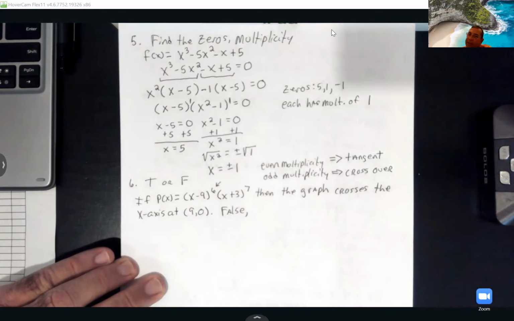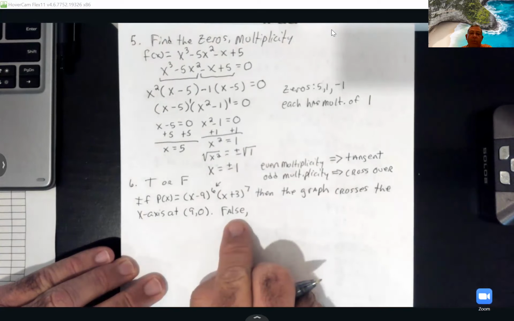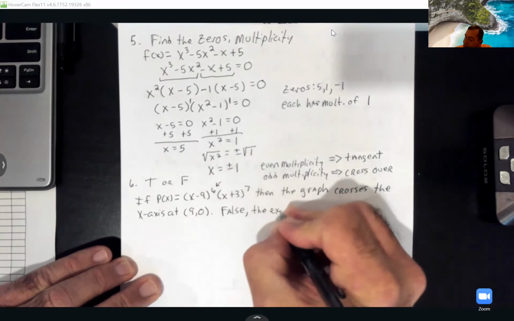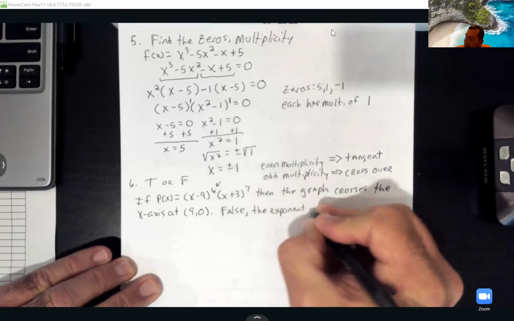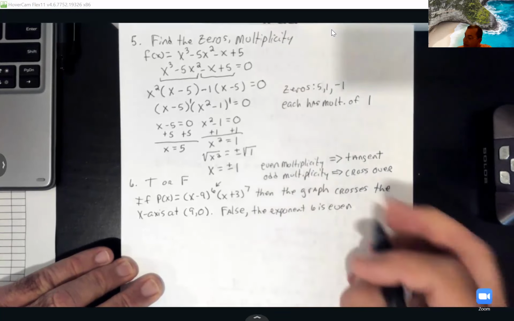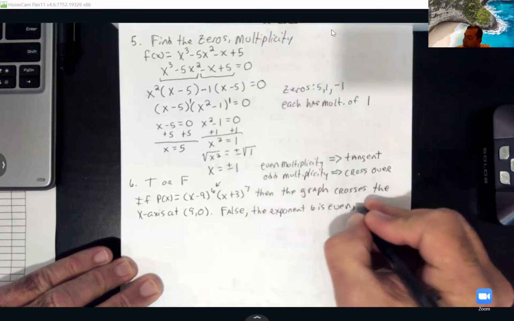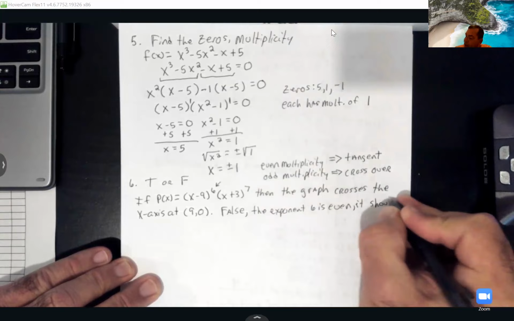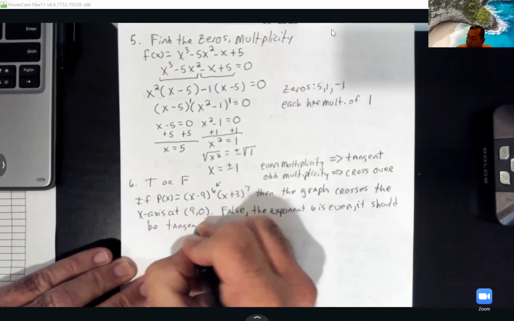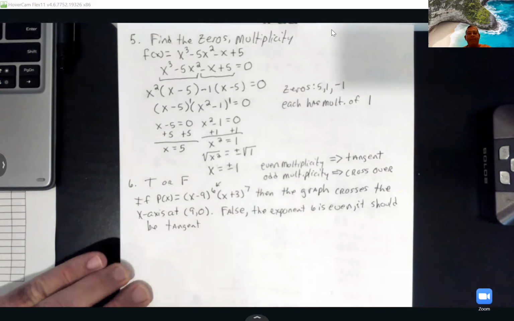Now you got to put the reason why. So the reason why this is false, because the exponent 6 is even, and since it's even, it should be tangent. Okay.